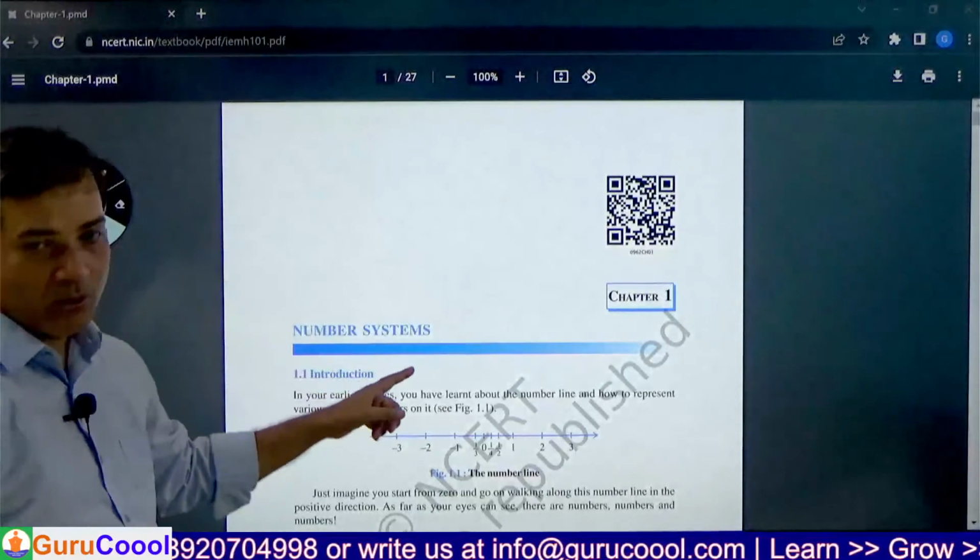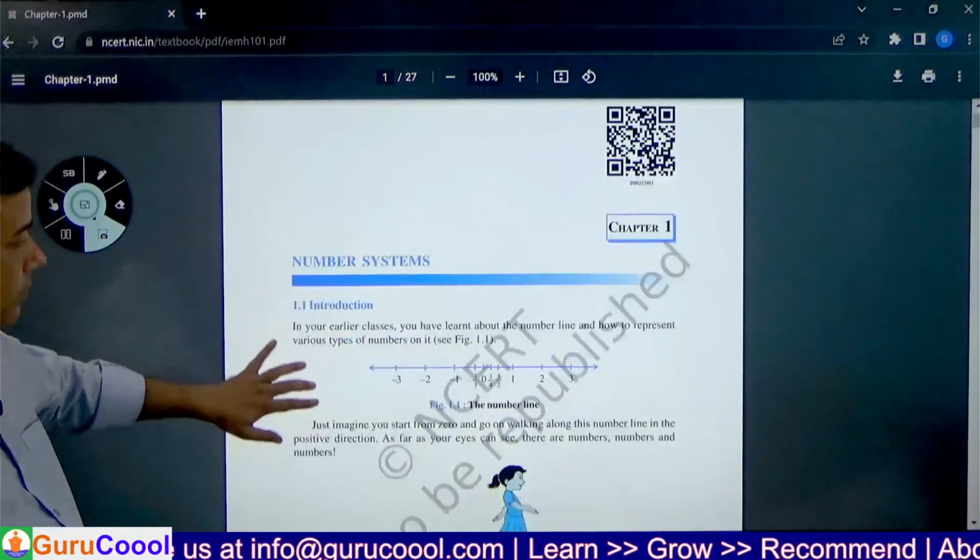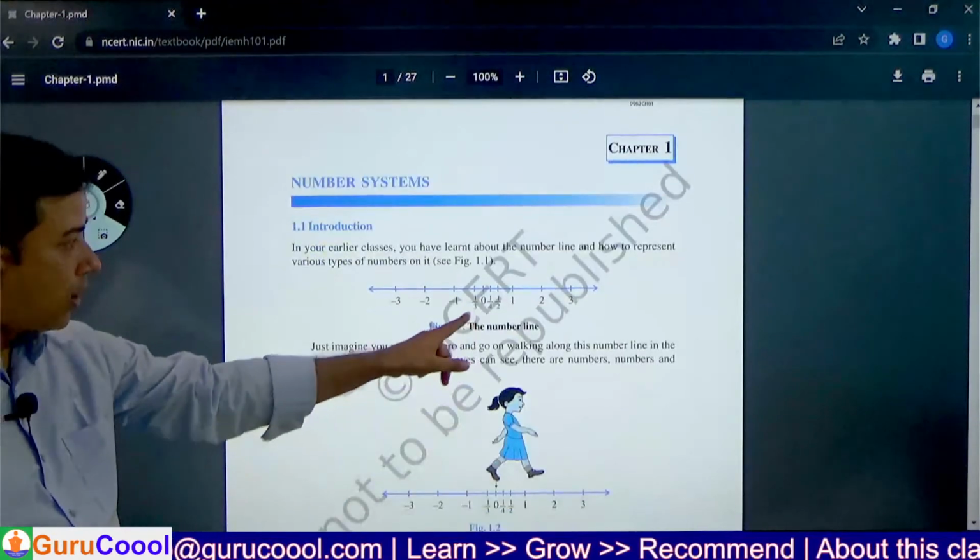Here is chapter 1 from NCERT. NCERT watermark, can you see?